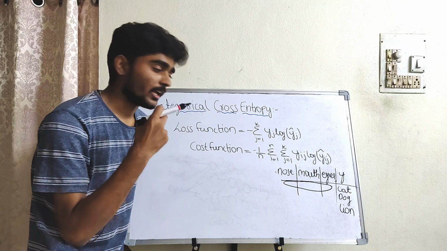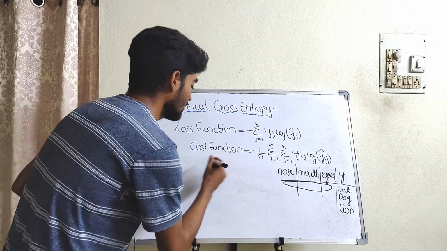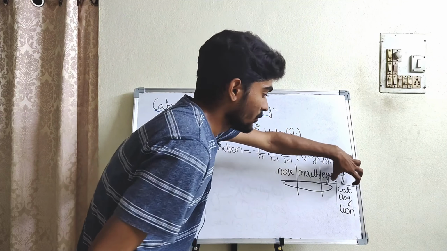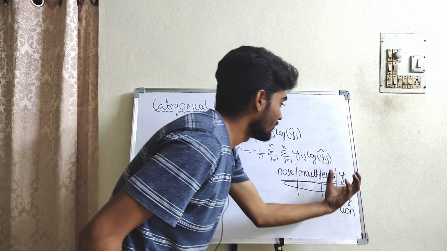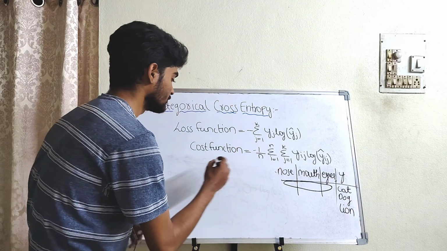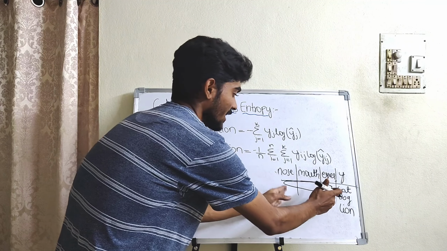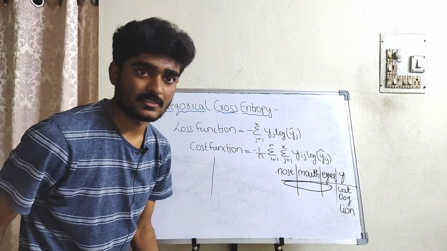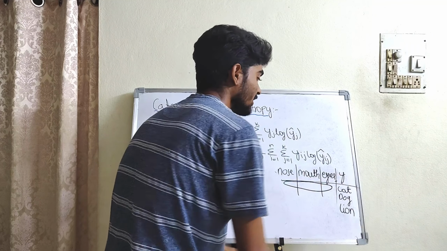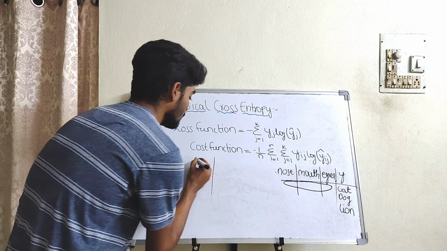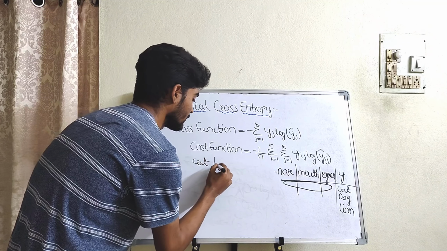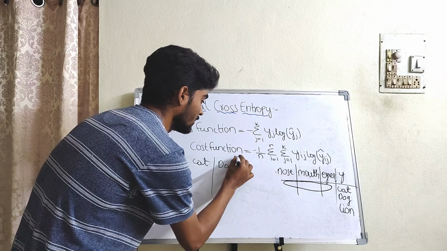How we do one hot encoding is, first this target column is transformed. The rest of the columns are as they are, and only this target variable is transformed into cat, dog, and lion.